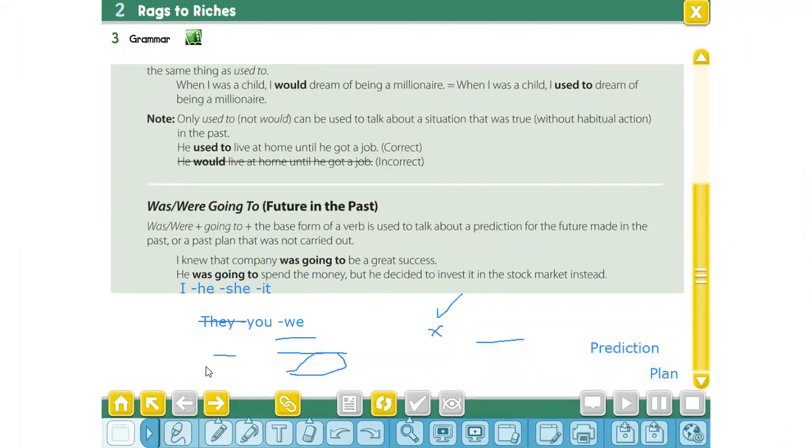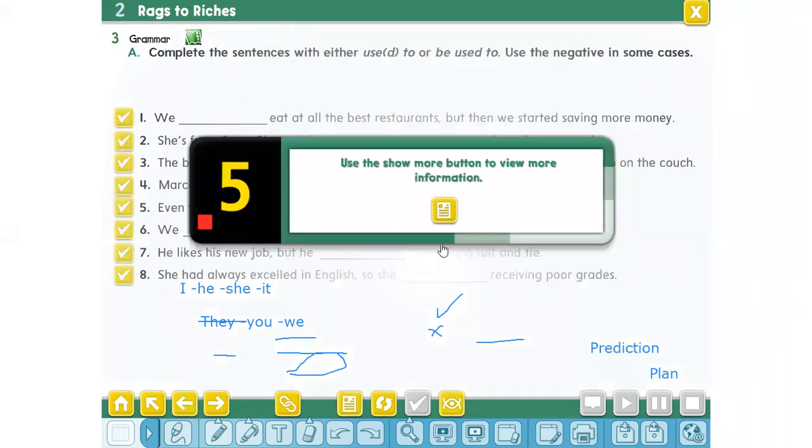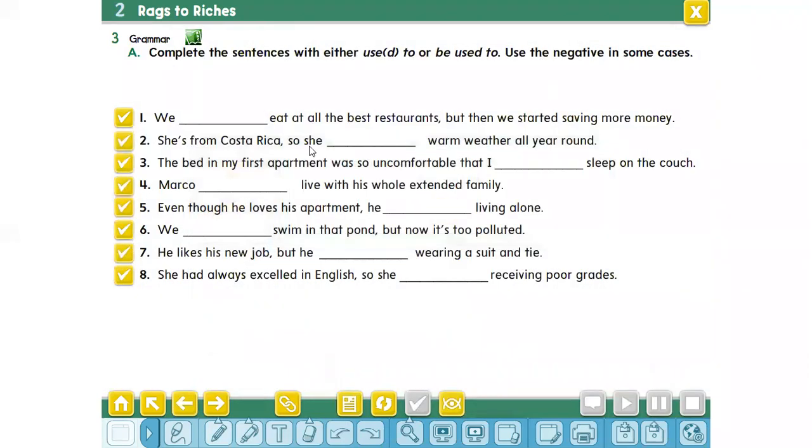Now we will answer exercise number 8. At first we will clear. Okay. Complete the sentence with either used to or be used to. Use negative in some cases. Okay.